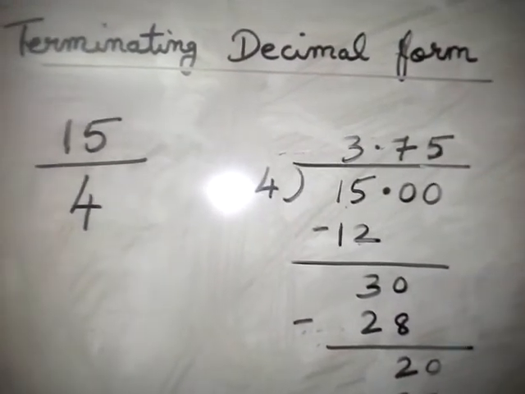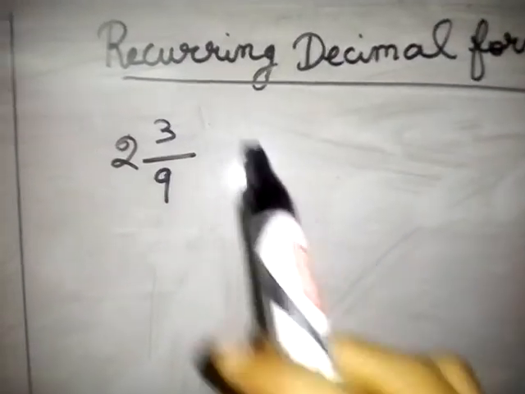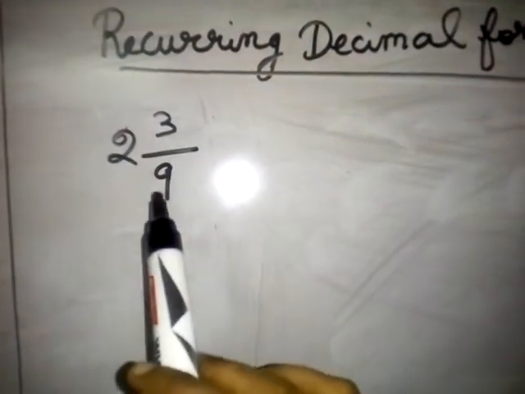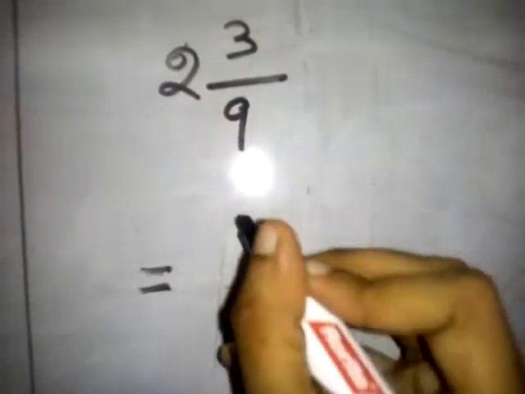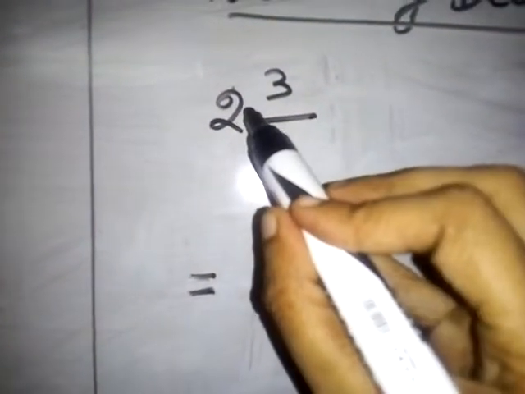Now the second type of decimal form we are going to study. It is called recurring decimal form. Now this is a mixed number. Mixed number convert into improper fraction. This I taught you many times. So first, denominator 9 write as it is. Numerator, what is there here?